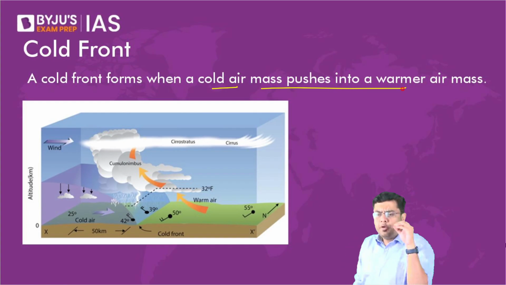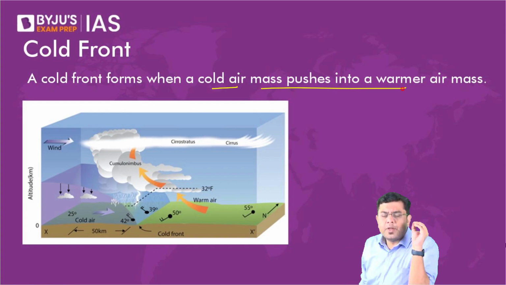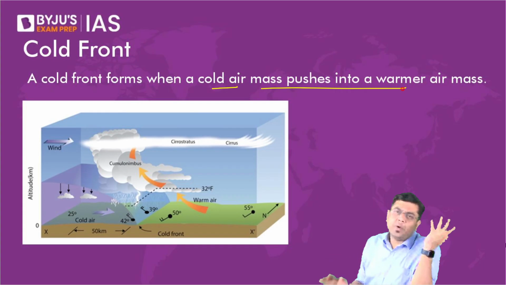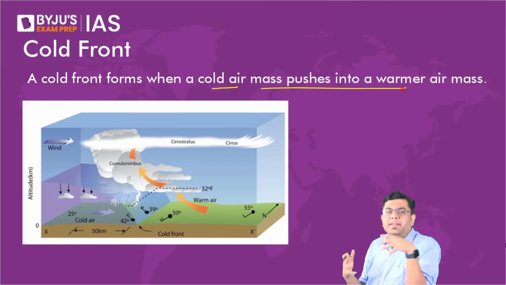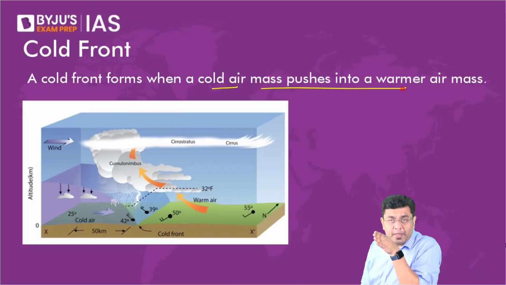Now here, few of you might have a very basic doubt, that why is it that one air will be active, or where is it that they are getting this energy from? What is the source of generation of this energy? So understand always that the horizontal movement of air parcel is dependent on a pressure gradient.